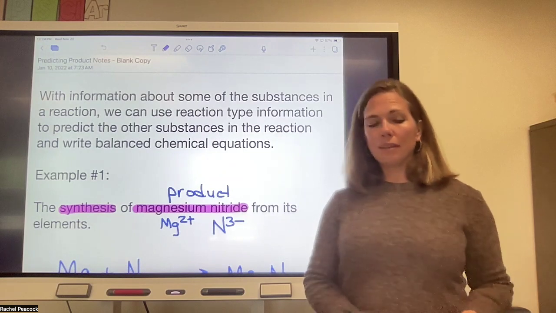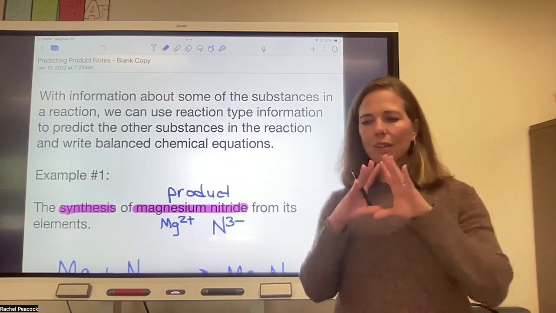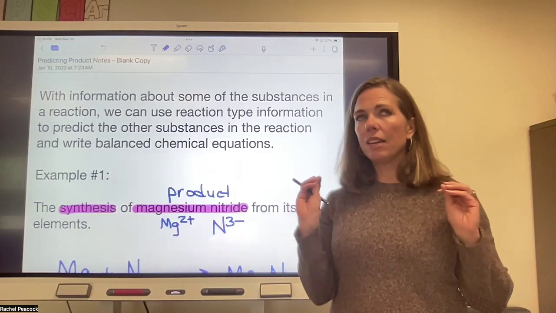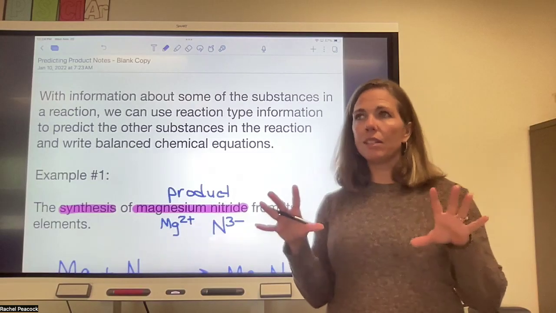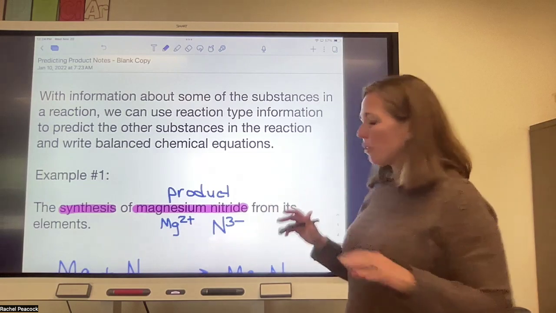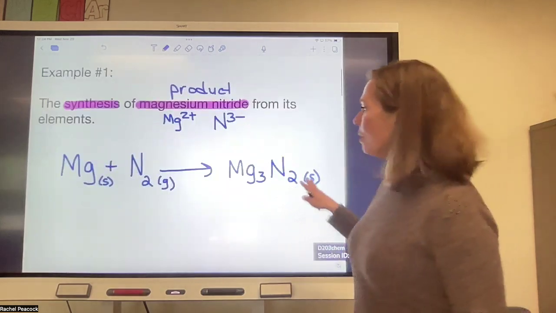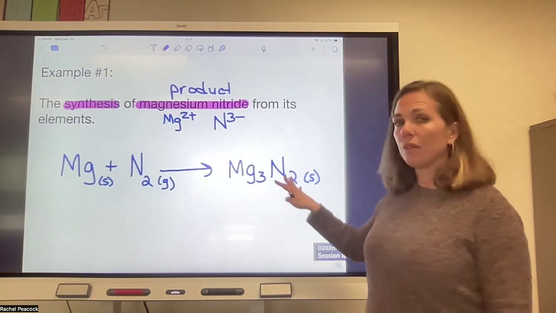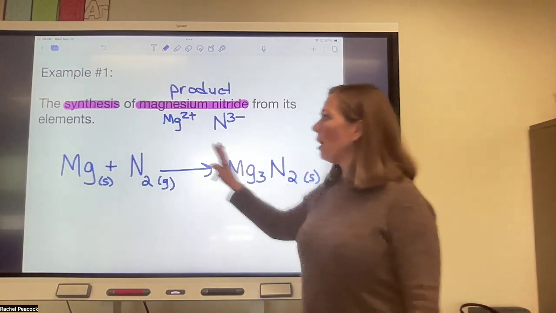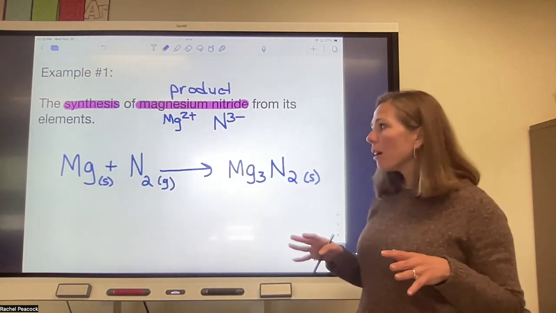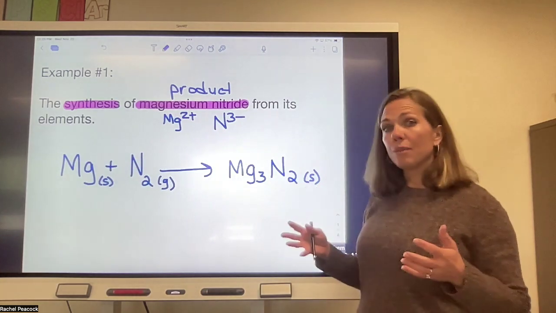In part B, I'm giving you sentence descriptions of the reactions, but all you're doing is taking those sentences and translating them into equations. Okay. I'm giving you everything you need to know, like, what are the reactants? What are the products? All that information is there in part B. You just need to write the formulas.